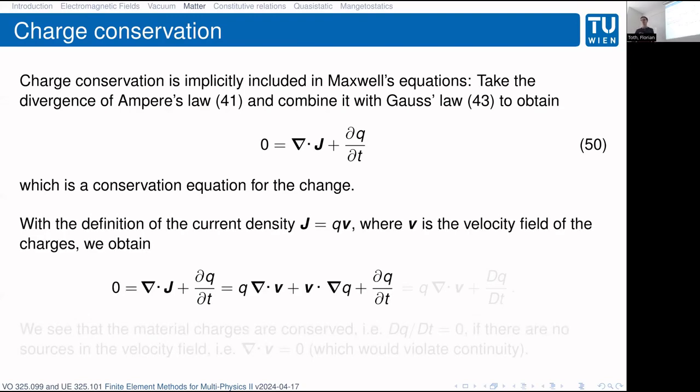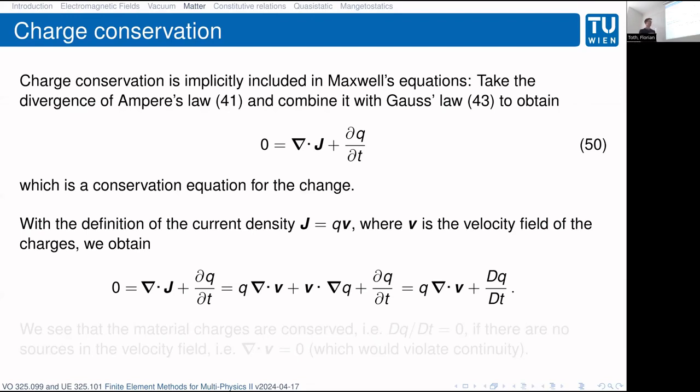When we define the current density as the motion of charges, the velocity field times the charge density at this location, we can insert this and do the divergence of this product. This is the product rule for the divergence, and then we can see that this amounts to the substantial derivative of the charge and an additional term.